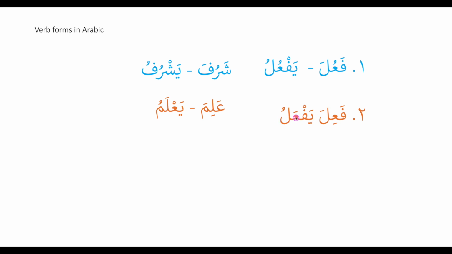Yaf'alu. So here again, the first letter has now become a consonant, because before it was a vowel, and the letter before the last has now become a vowel a.